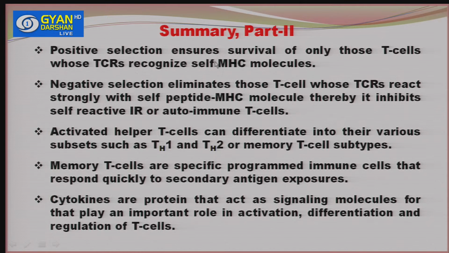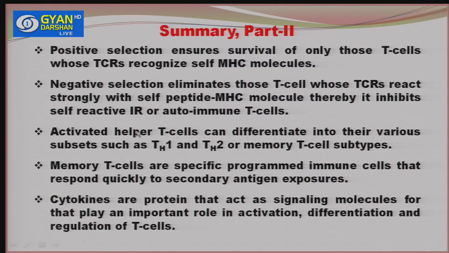So it is a very important process in T cell activation, T cell differentiation and T cell maturation. Negative selection eliminates those cells whose TCR reacts strongly with the self-peptide MHC molecule, thereby inhibiting self-reactive immune responses, or autoimmune T cells.